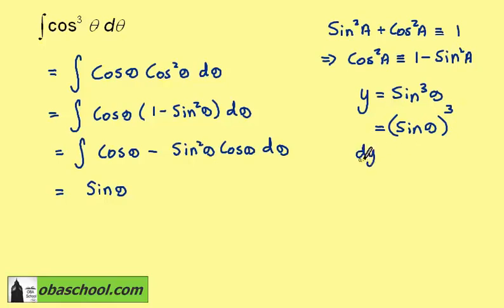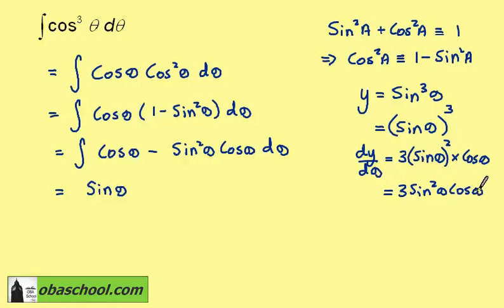If we differentiate this, we differentiate the bracket first, and we get 3 times sine theta squared, and then we multiply by the differential of the inside function, giving us 3 sine squared theta cos theta. So if we integrated this, we would get this.